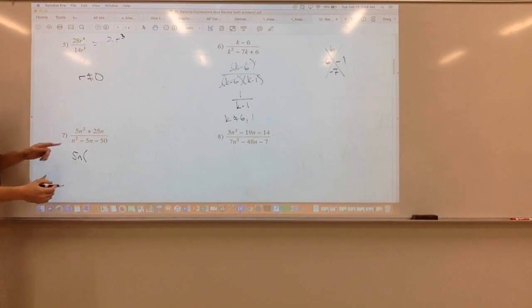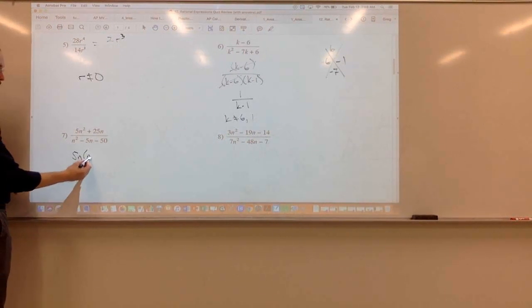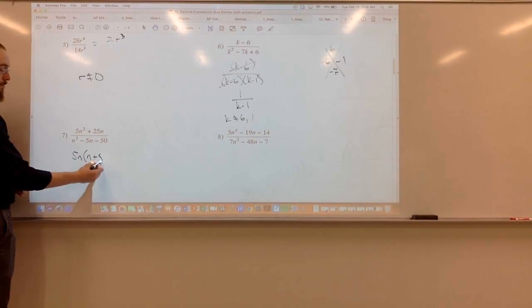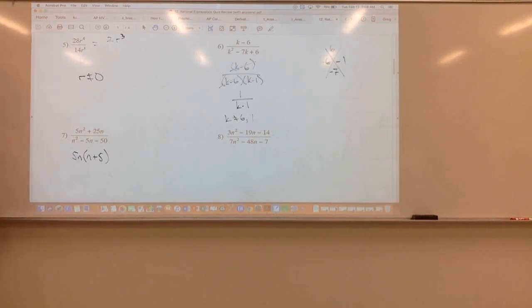Alright. So what am I left with then? I would be just left with n plus 5, right? Then in my denominator, I have n squared minus 5n minus 50. What can I do with that?